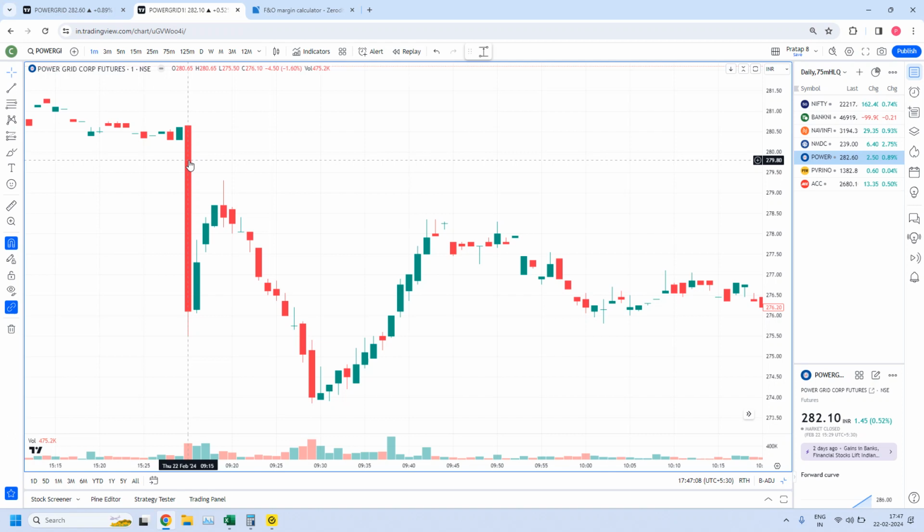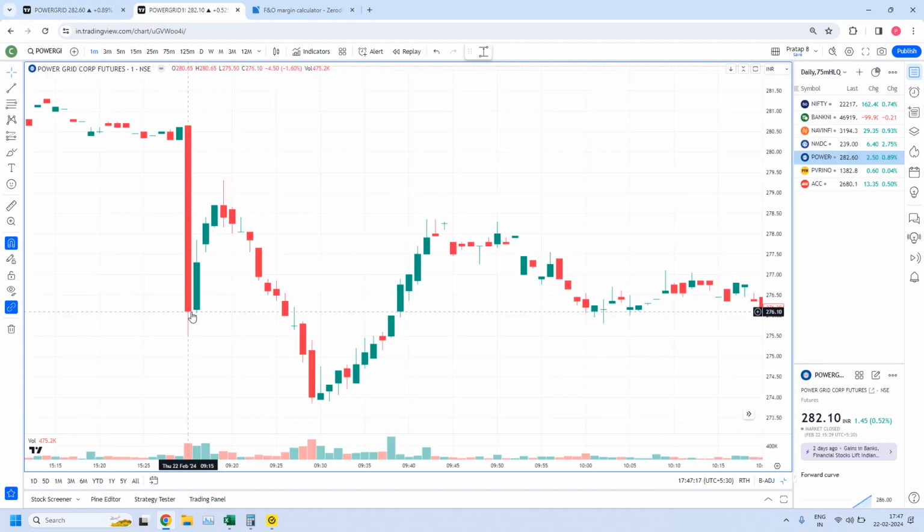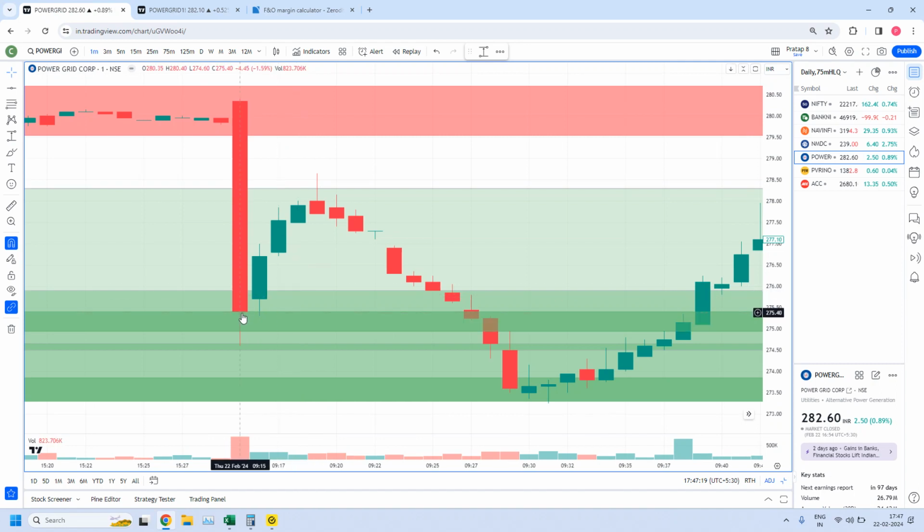This is the 9:15 candle today. See here, this is the open. The prices should be same at open. So what is the open? That is your entry, the open. 280.35.